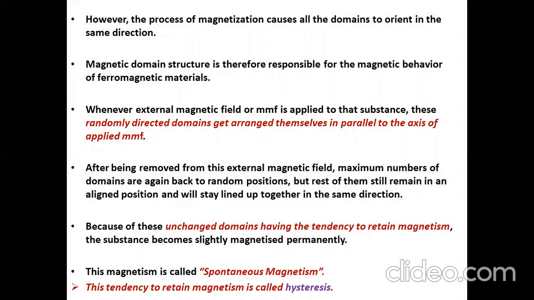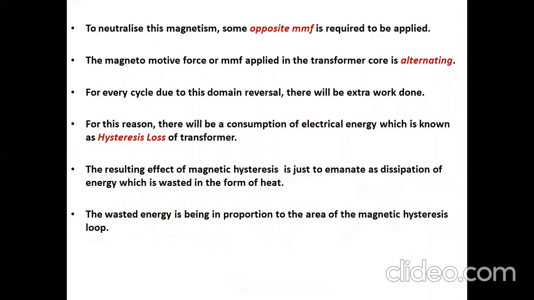Because of these unchanged domains having the tendency to retain magnetism, the substance becomes slightly magnetized permanently. This magnetism is called spontaneous magnetism. This tendency to retain magnetism is called hysteresis. To neutralize this magnetism, some opposite magnetomotive force is required to be applied.